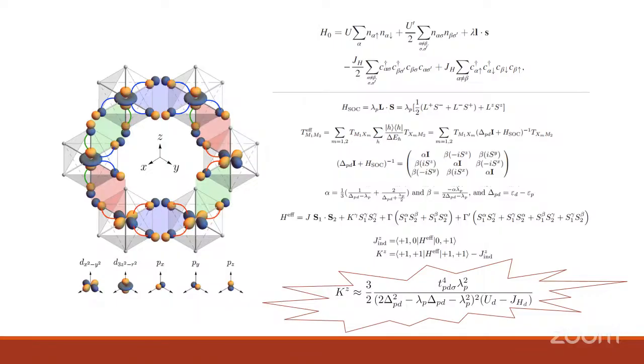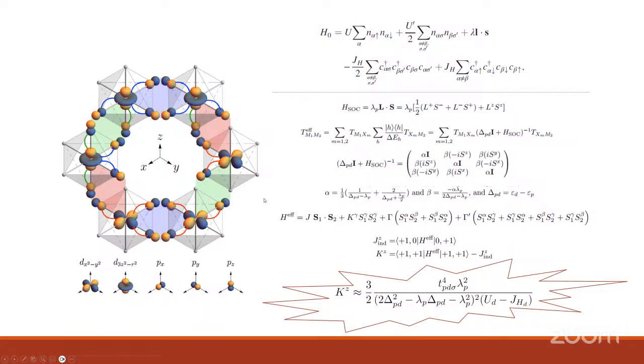Also, for the ideal hexagonal structure with cubic symmetry, if we consider the spin orbital coupling in the system, either from the transition metal side or from the ligand side, after doing all the derivation, we can see that the Kitaev spin interaction would emerge from a small portion of spin orbital coupling.